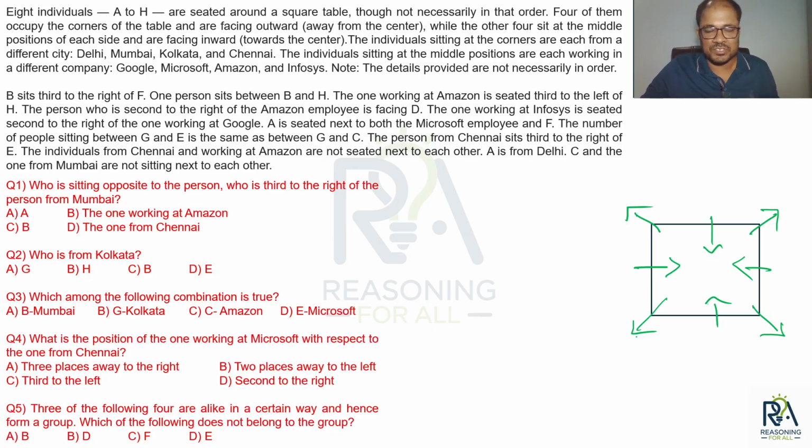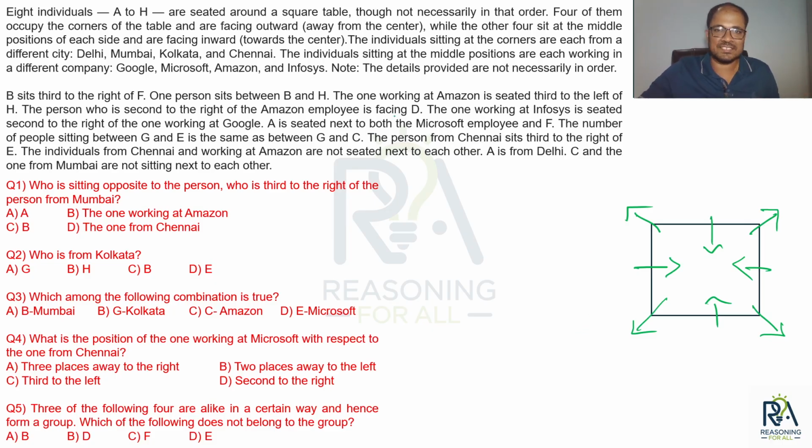We know that companies are at middle positions and cities are at corners, but we do not know about the respective persons. So we do not know whether B and F are at the middle or at a corner. Similarly the next condition, one person between B and H, same problem. I do not know whether B or H is at a middle position or corner position.